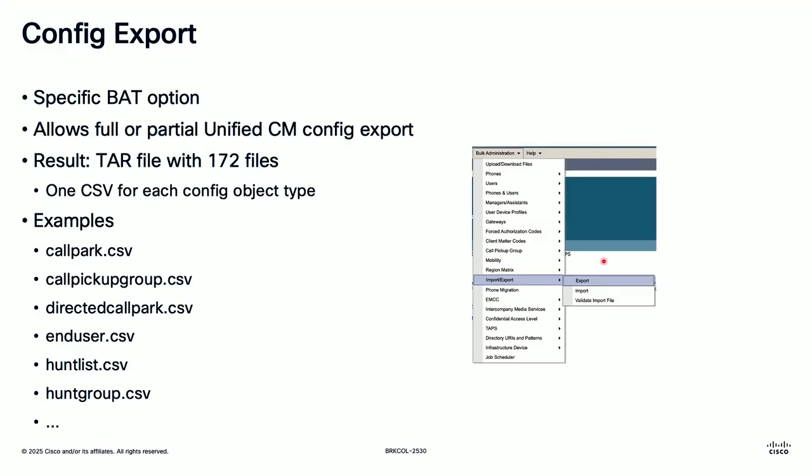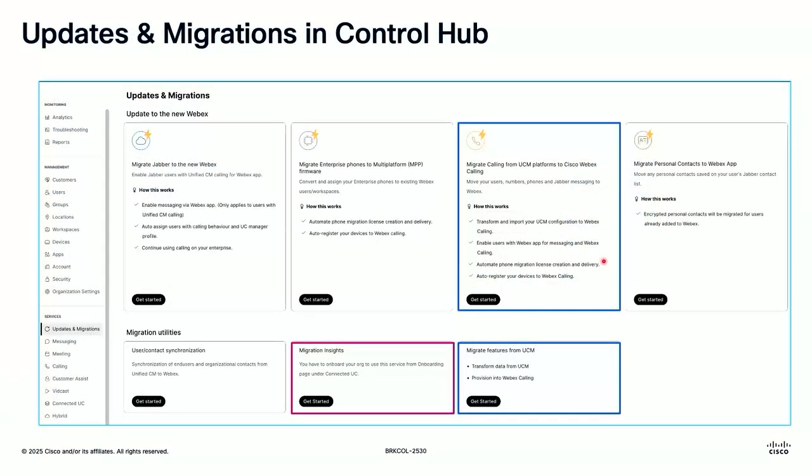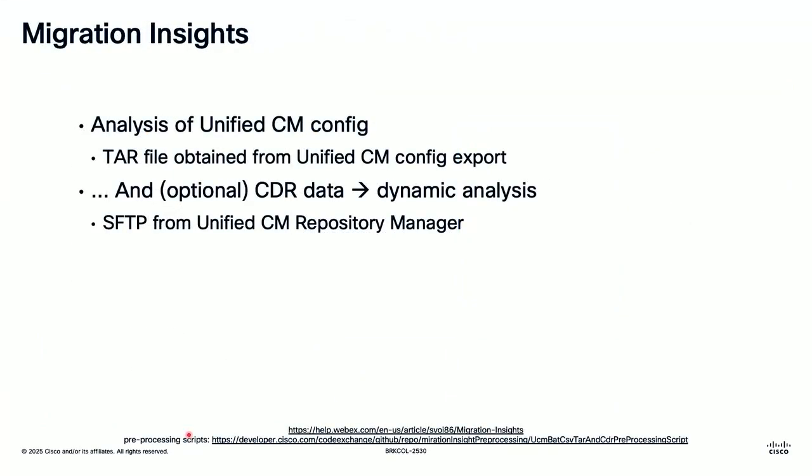Then the next option: in the updates and migrations section in Control Hub, there's a bunch of tools, and there's this tool, the Migration Insights tool. The Migration Insights tool consumes the config export that I just mentioned, this tar file.